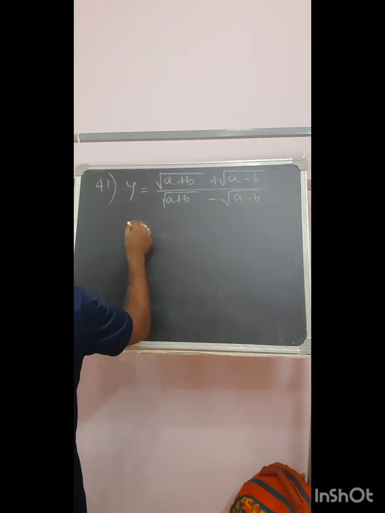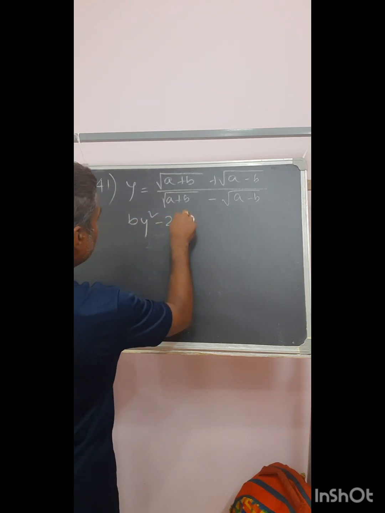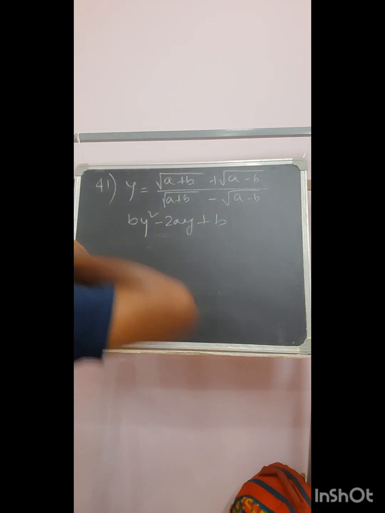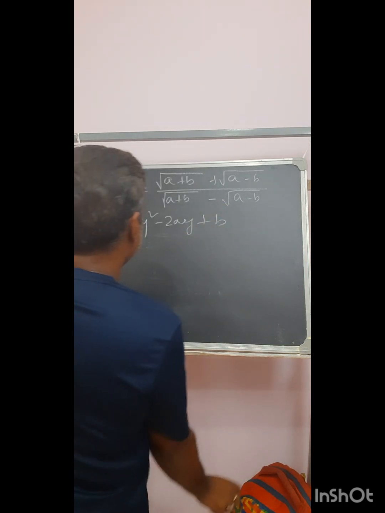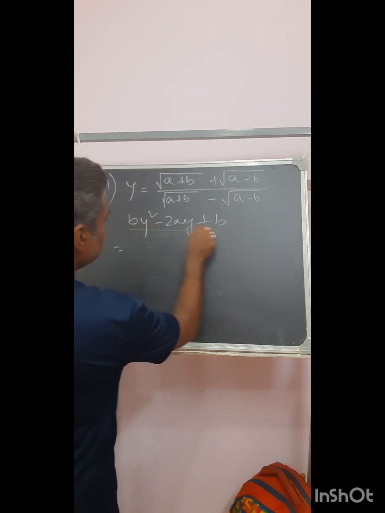This is the y value. Then you have to find y square minus 2ay plus b. This is your term to find this way. Now let me work with this part first.